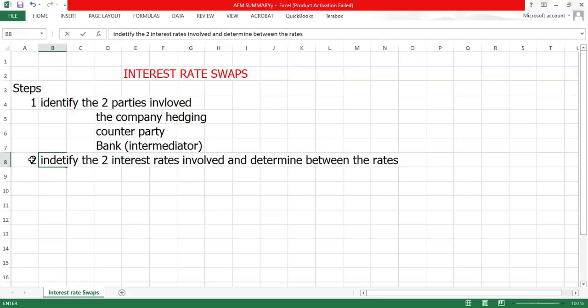Here, what we are trying to say is that you need to know the fixed rate for the company hedging, and also the fixed rate for the counterparty.